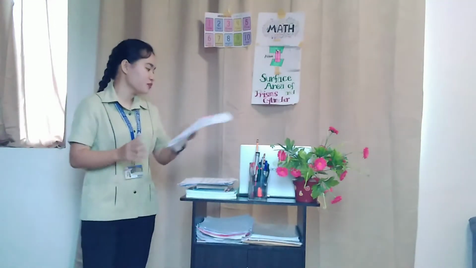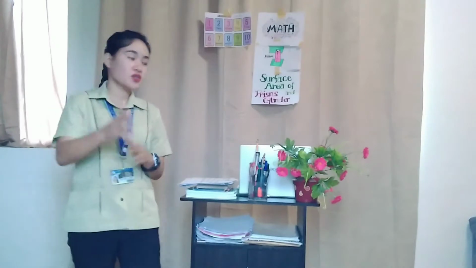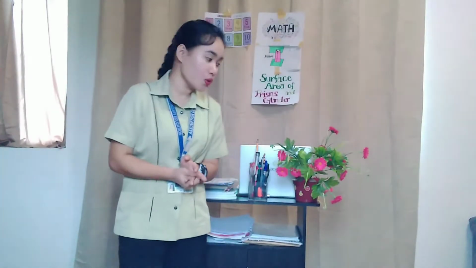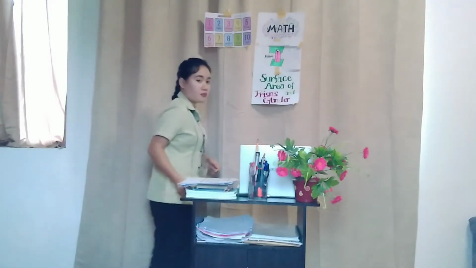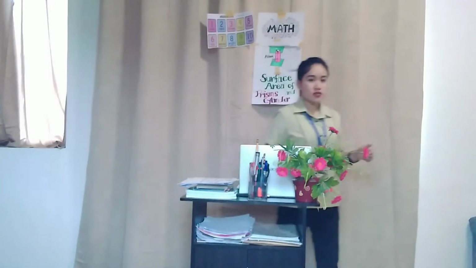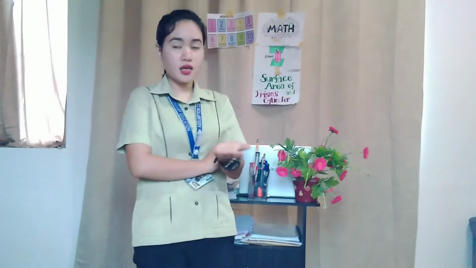Very good. Now, I have a question for you. Just raise your hands whoever wants to answer. How did you find the activity? Okay, very good. You are happy. What is the activity all about? Imba, thank you. Our activity is all about shape.